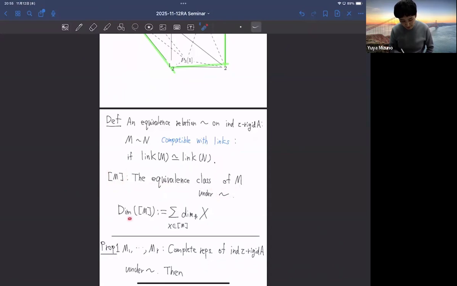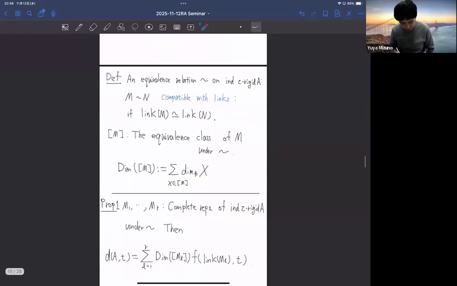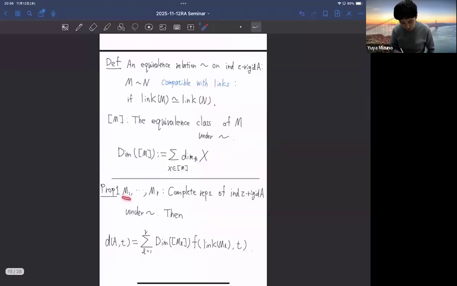And this big D is just the sum over all elements of the class, considering the dimension of this X as a K-vector space.